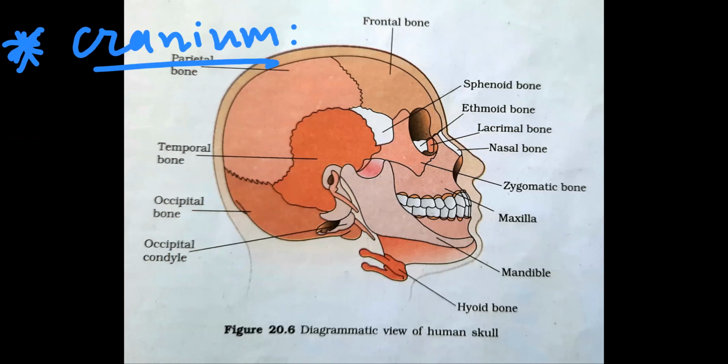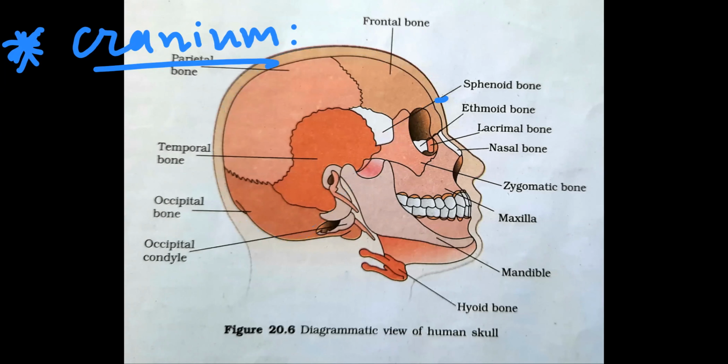Well, if you see this part of the skull which is protecting the brain, this brain box or the part of the skull that is protecting the brain is known as cranium.